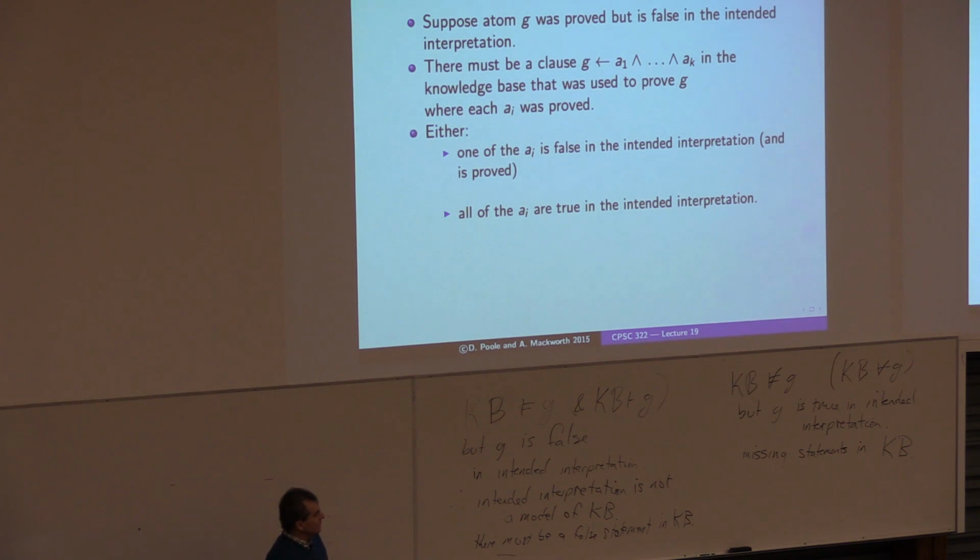What if one of them is false in the intended interpretation and was proved? What should we do? Right, we've got to debug. So now we have this AI that was proved but is false, and we're going to recursively debug AI.